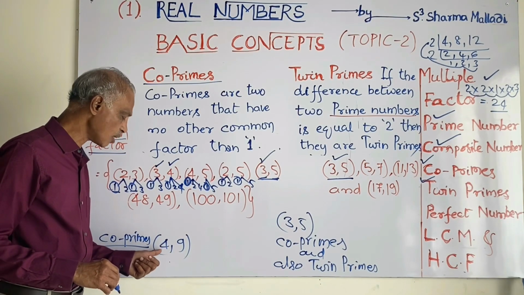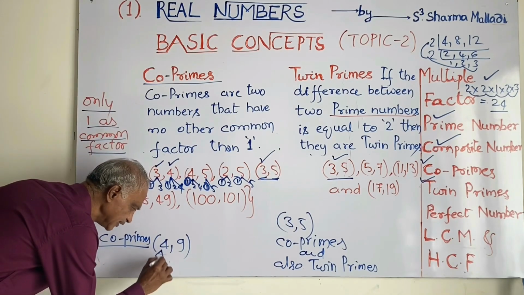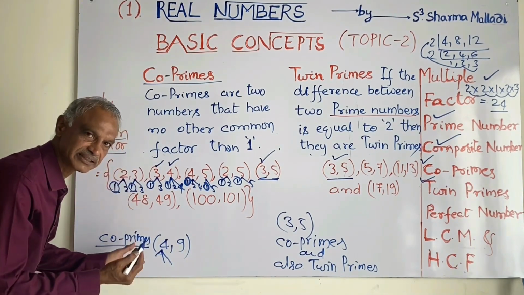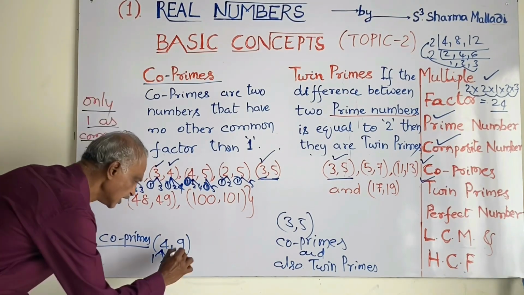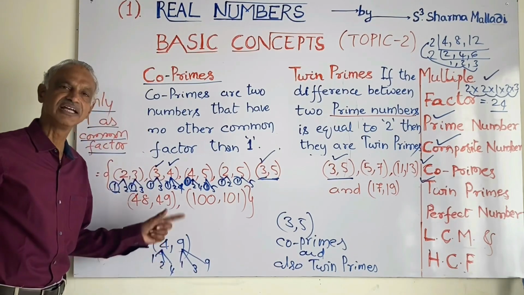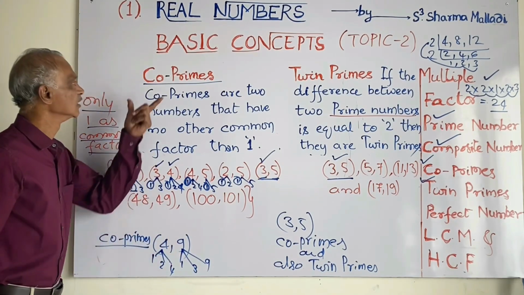Because what is the common factor to both 4 and 9? So we will write the factors. 1, 2, 4 are the factors of 4, and 1, 3, 9 are the factors of 9. Even though they are composite numbers, they are co-primes.